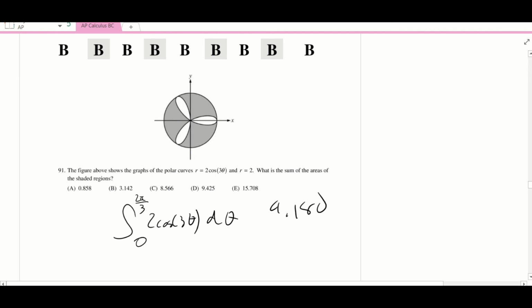So we just take 4 pi, subtract that from 4 pi, and we get 8.385. Now, that's not an answer choice.